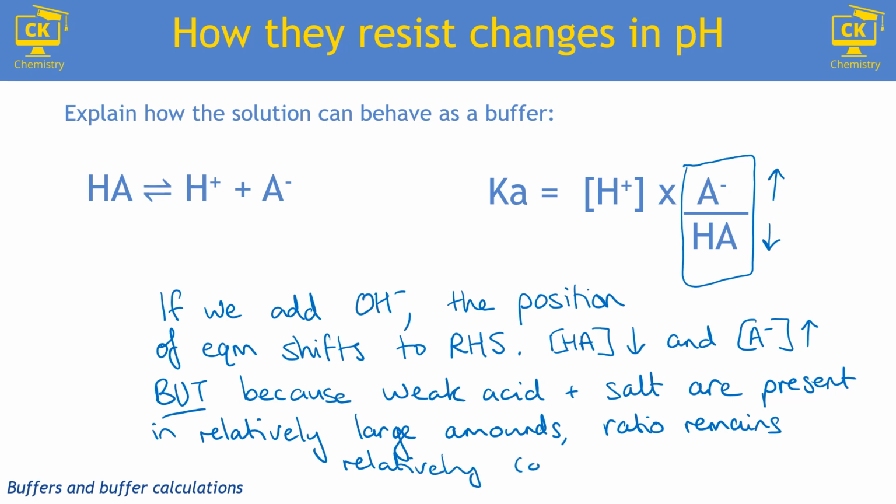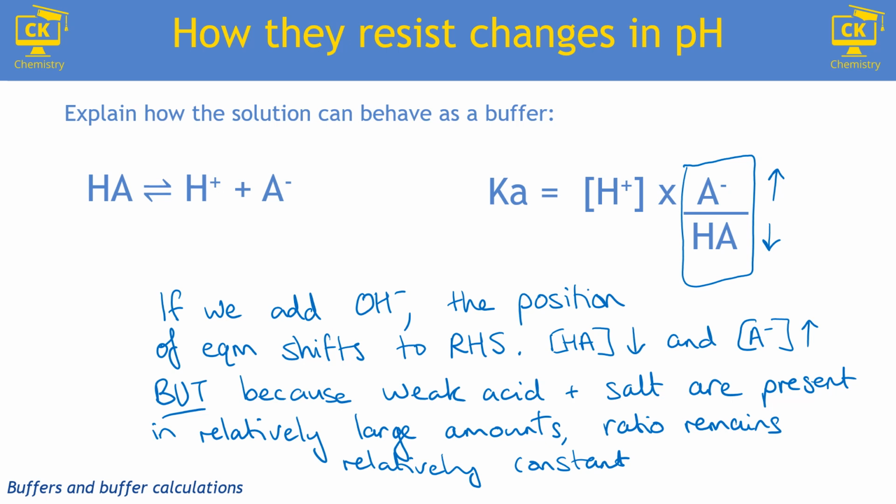So as soon as you get to a point where your HA is almost used up, which you get in your titration curve, it stops really being a very good buffer. So this only works if you've got relatively large amounts, or a large reservoir, of both the weak acid and the salt present in solution.